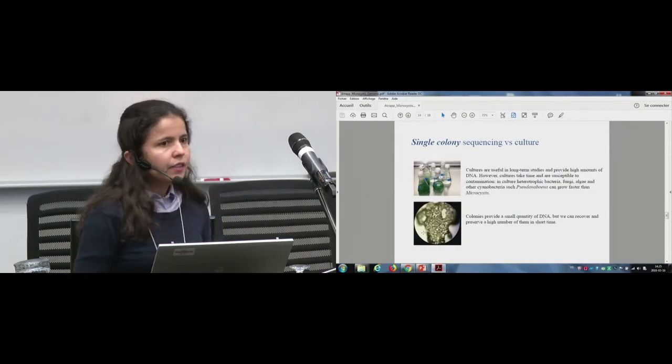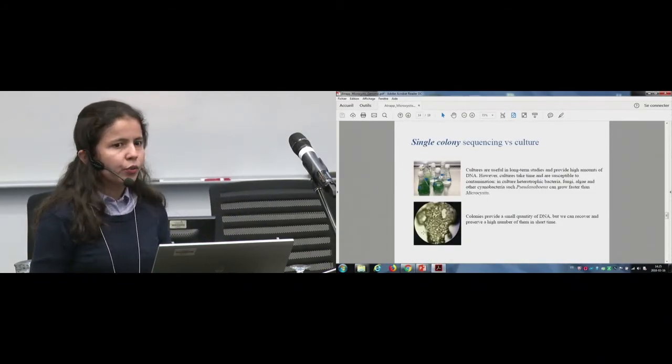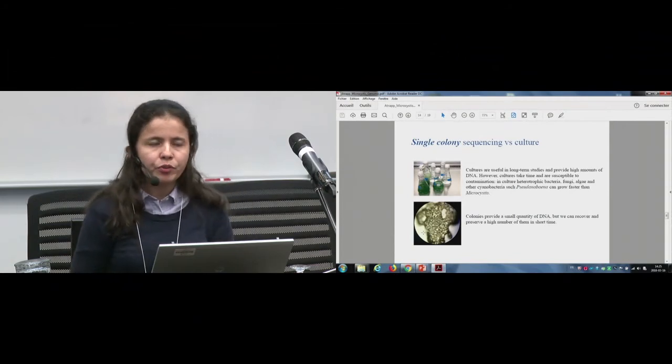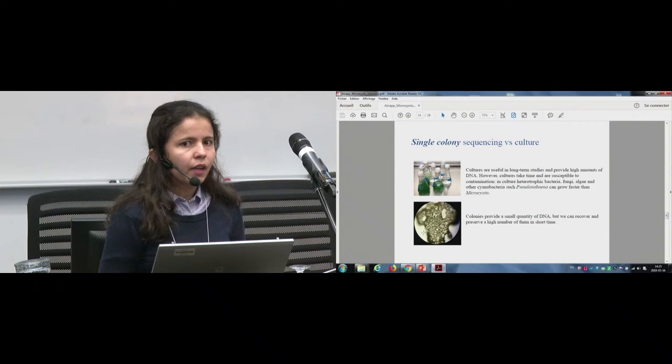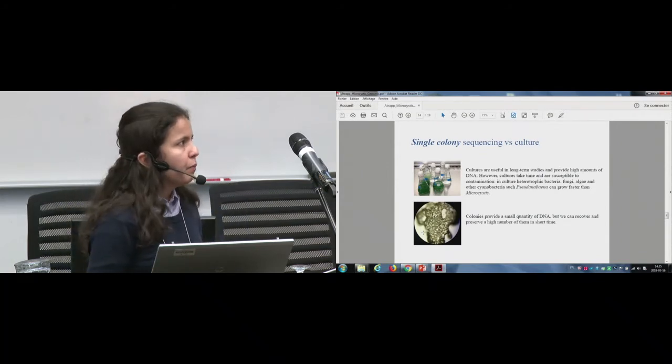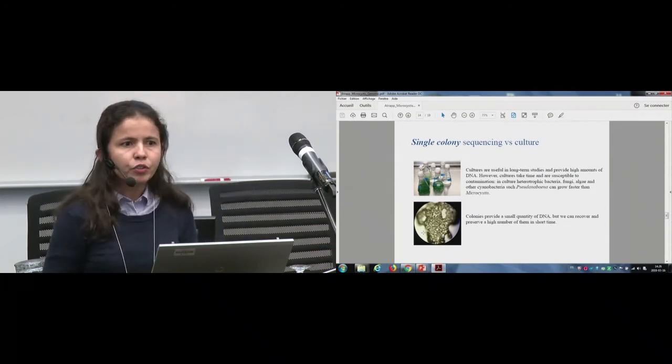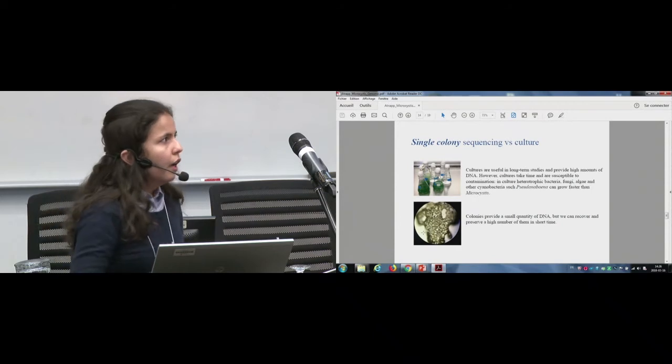Finally, we did a new approach to study genomics in Microcystis. The traditional way to study it is culturing Microcystis. However, cultures take time.